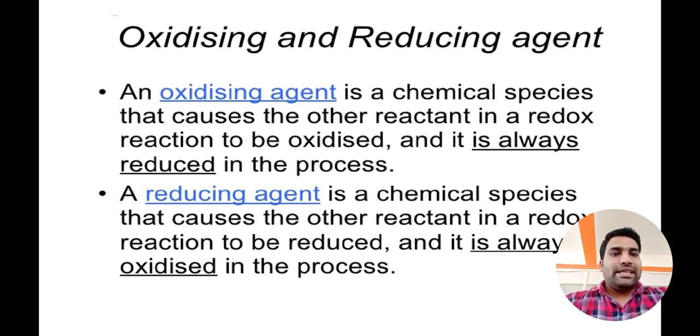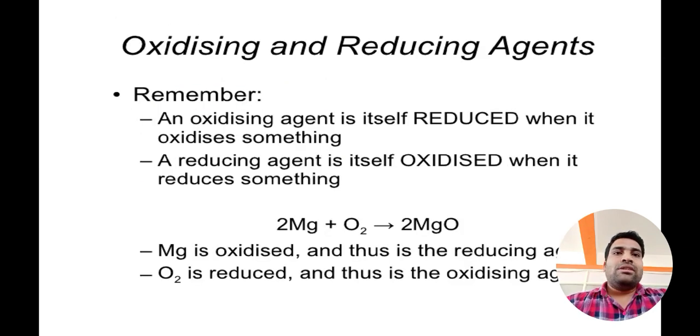A reducing agent is a chemical species that causes the other reactant in a redox reaction to be reduced, and it is always oxidized in the process. Remember, an oxidizing agent is itself reduced when it oxidizes something. A reducing agent is itself oxidized when it reduces something.